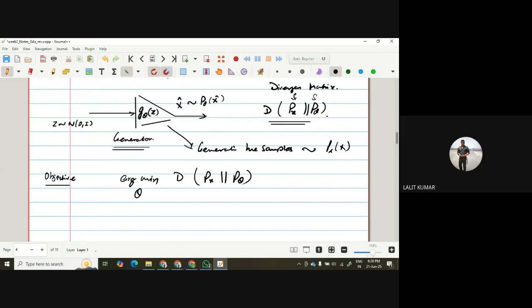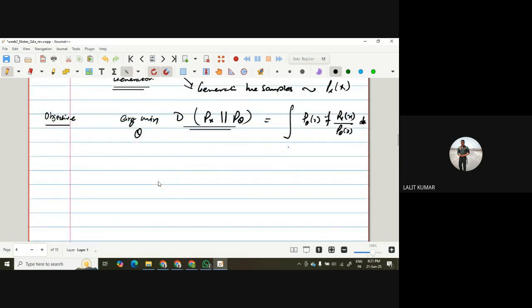And if you go through the week one content, this D(px, p theta) was described as the integration of p theta of x times f of px of x over p theta of x dx. And then we took some steps because we cannot do it directly, because we don't know the real distribution.